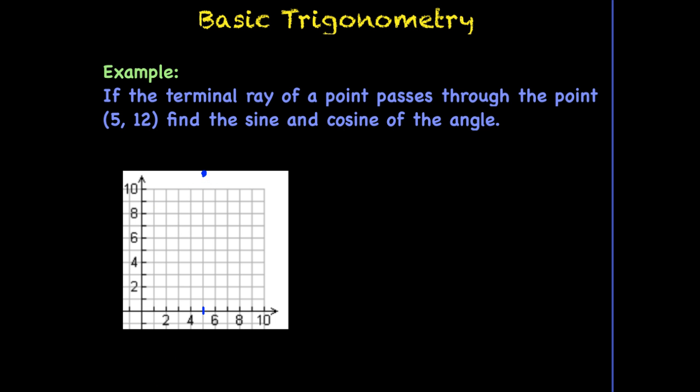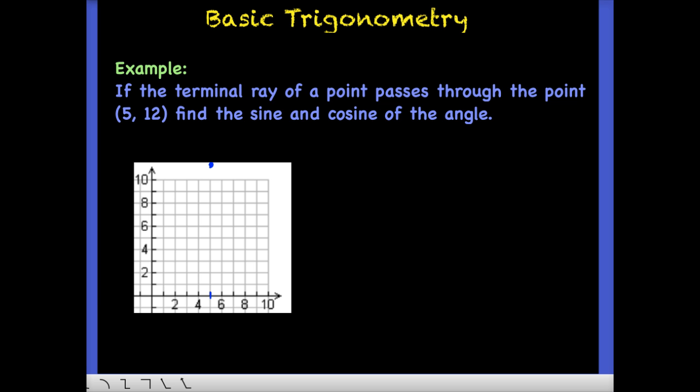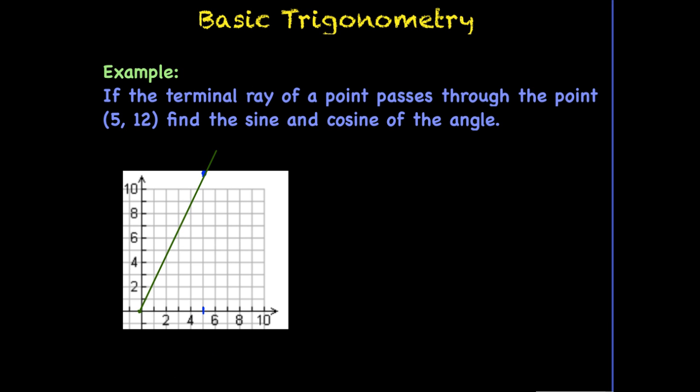So if I draw my line, or I should say my terminal angle, it would look something like that. Now all I have to do is connect that down to make a right triangle. So here is my point (5, 12), right here.